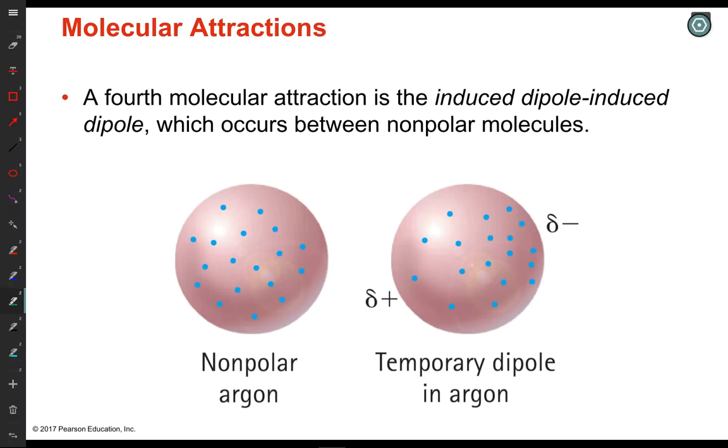And as you can imagine, that one must be really weak, because you start with 2 things that have their charge symmetrically distributed. You bring them close to each other. Taking the example of argon on the screen, argon has the electron cloud out here. You bring them close together, and the electron cloud is going to get distorted so electrons move away, and the nucleus is closer. Let's say I have 2 argon.